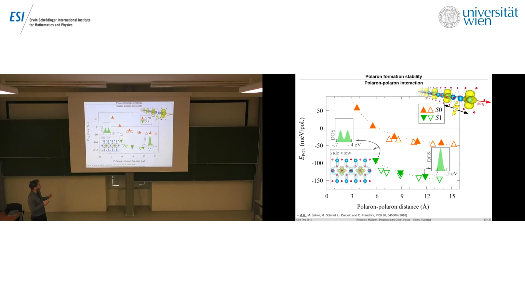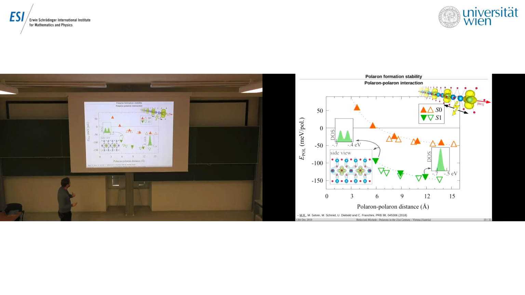If you put them closer and closer, you come to a point where the two charges overlap, and this overlap determines the splitting of the energy level. So now, instead of a single peak, you get a more structured peak. Actually, it's split in two.